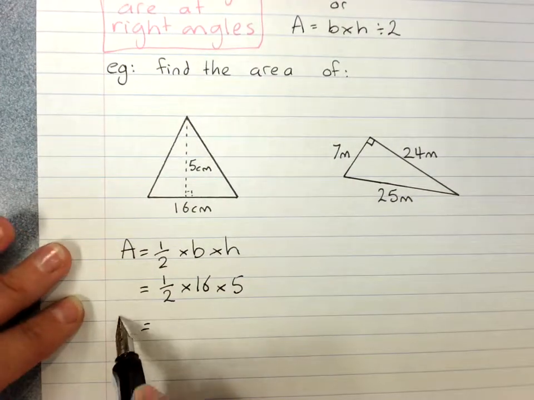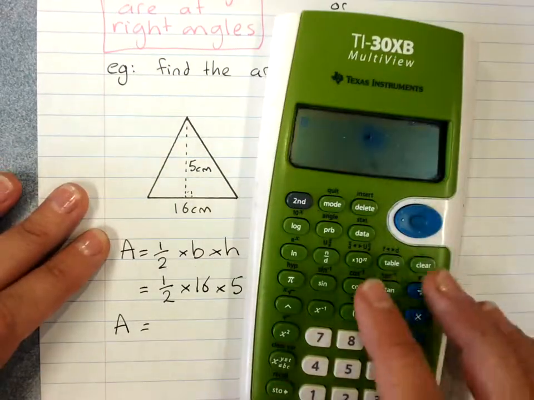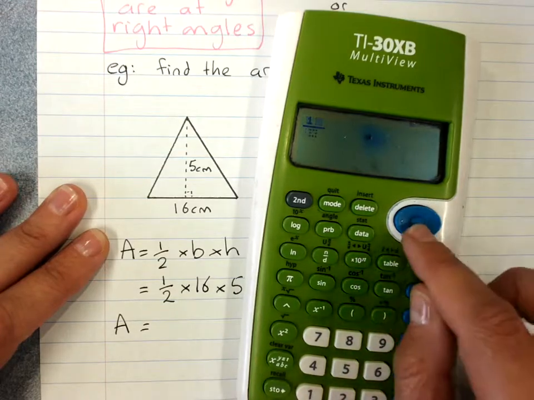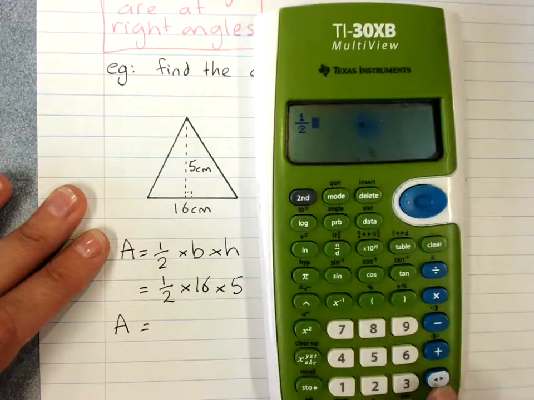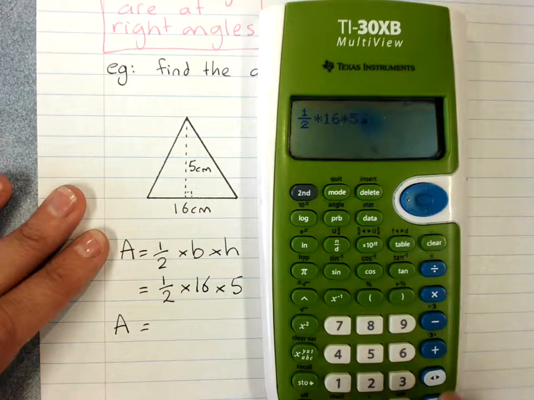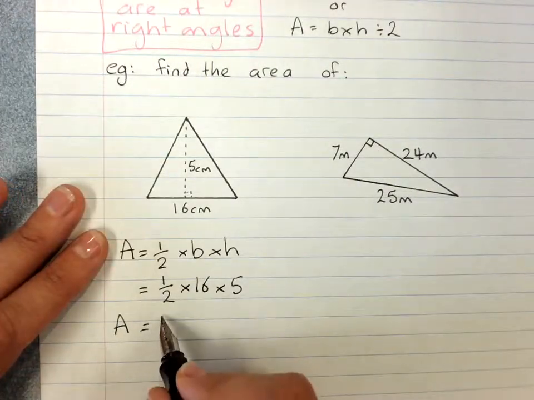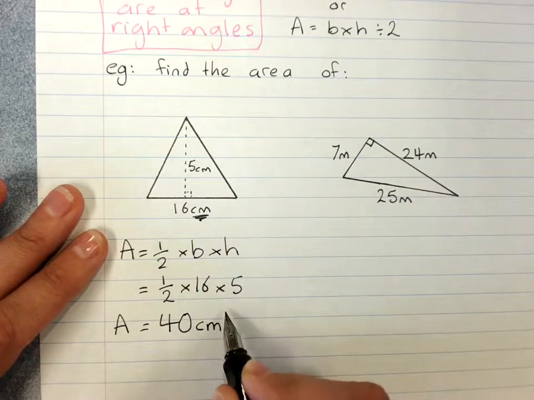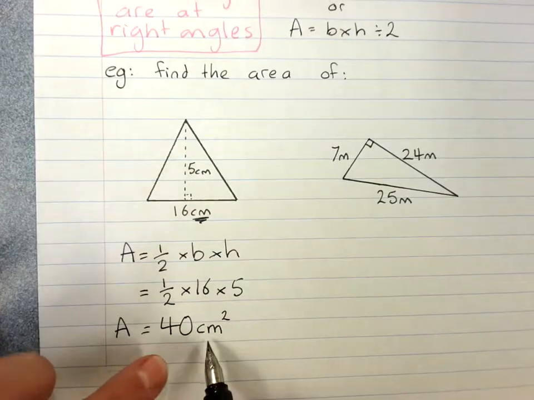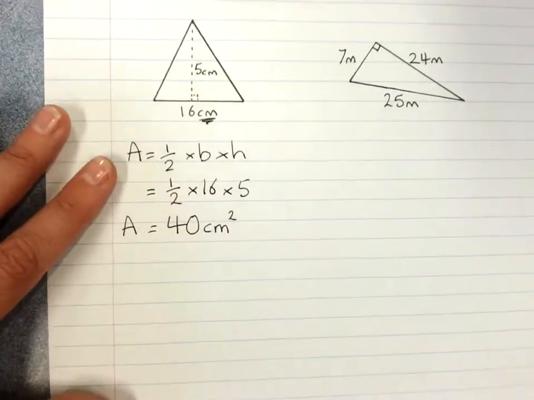Then that will be your last line of working, so we say it's the area, half, 1 over 2, times 16 times 5 equals 40. And we're doing area, so I need units squared, because I'm counting the number of squared centimeters that fit into that space.